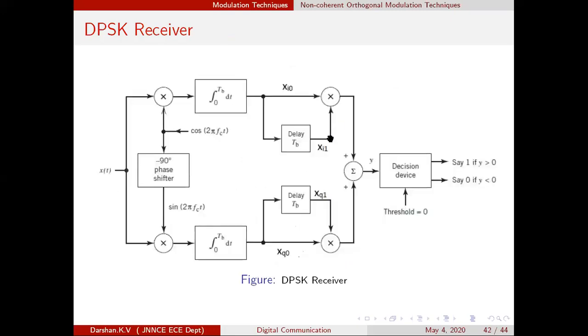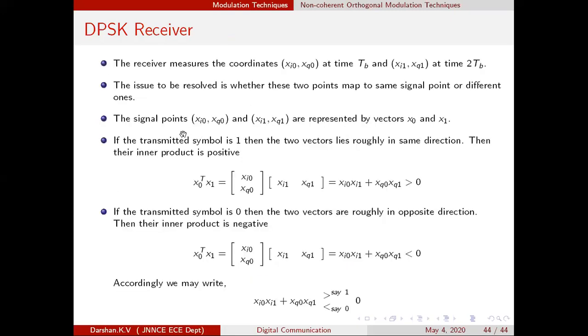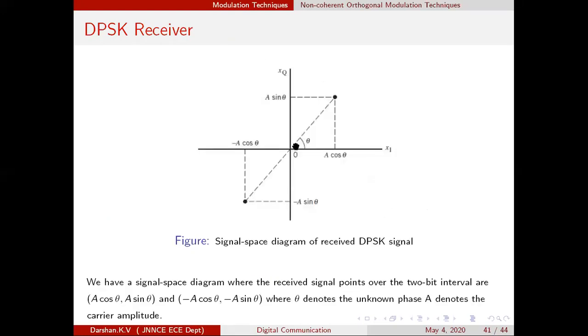If the transmitted symbol is 1, then the two vectors roughly lie in the same direction. Now he will treat this point as a vector. So this is a point, then what is the vector? The line shown in the dotted line. This dotted line forms a vector.